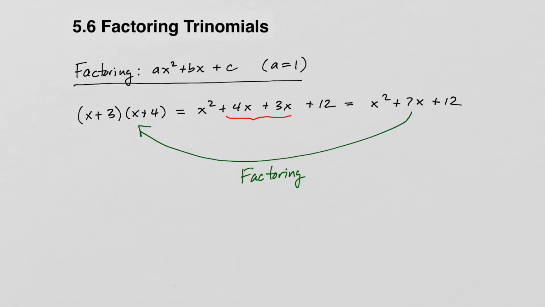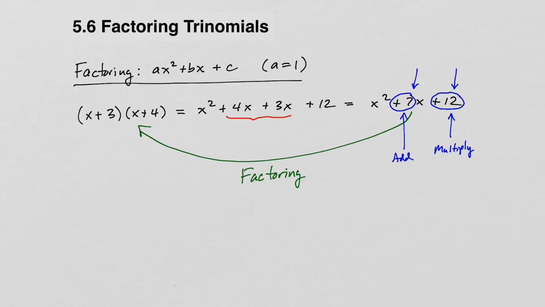So when going from the polynomial x squared plus 7x plus 12 back into the product of two binomials, what you have to do primarily is look at these two numbers. So positive 12 and positive 7. And when we're factoring, we are looking for two numbers that multiply to give us positive 12, and those same two numbers need to add to get positive 7.